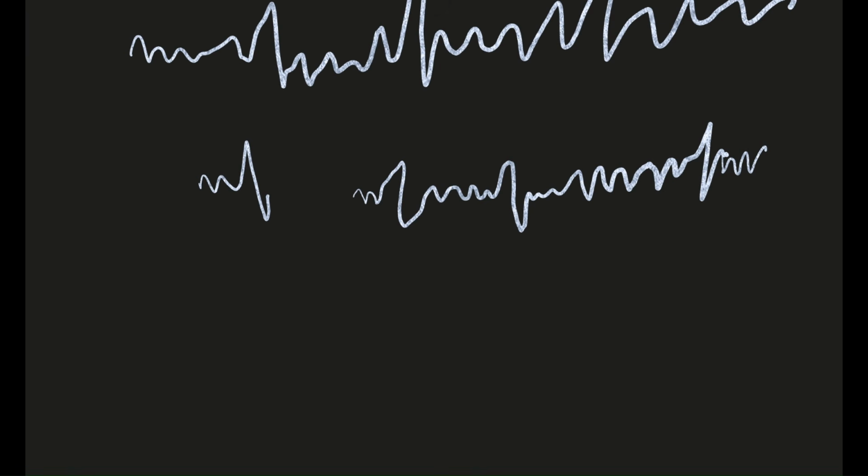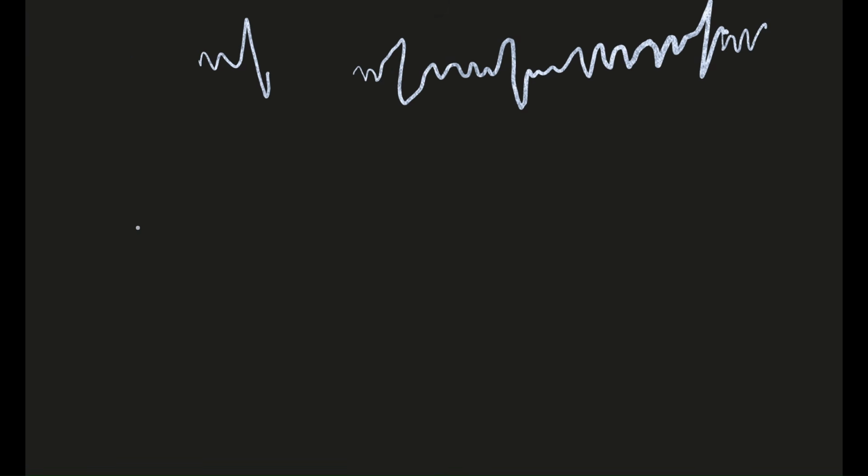The clinical correlation to ventricular fibrillation is that the patient will not be conscious, he will be pulseless, and this is the most critical cardiac emergency in arrhythmias that you can find.